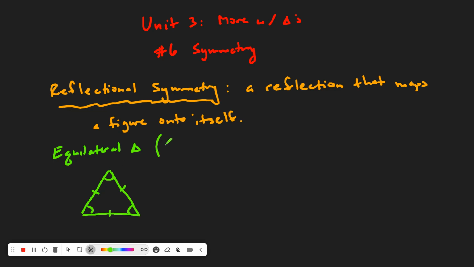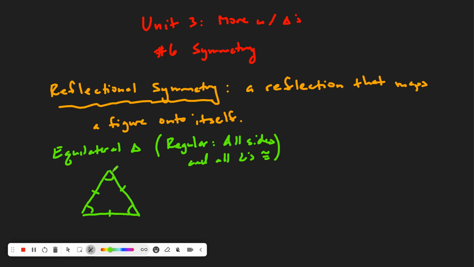So in parentheses here, we're going to talk about the word regular. When you hear something called regular, that means it has all sides and all angles congruent. And I'm trying to leave some space because I'm going to do the isosceles triangle over here to the right.